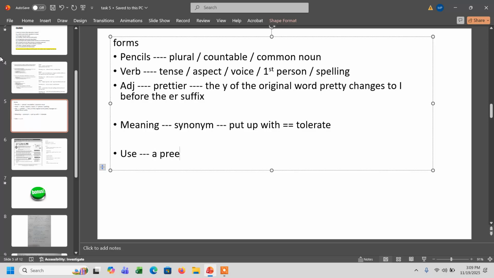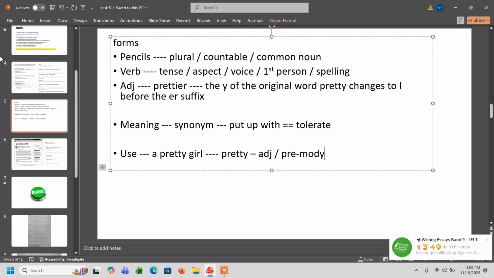For example, a pretty girl. Oh, I use pretty a lot. For pretty, this is the adjective, and then you also need to add, what am I supposed to write? Pre-modifying the noun girl. Yeah, you need to write everything. Well, that's what I remember in my brain.